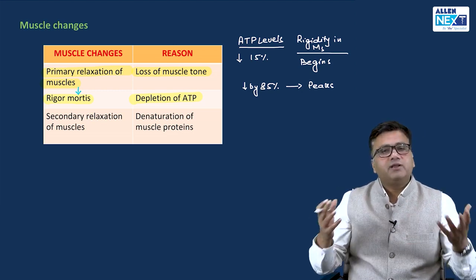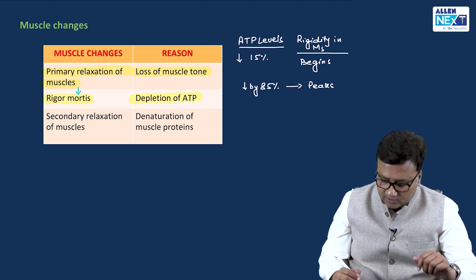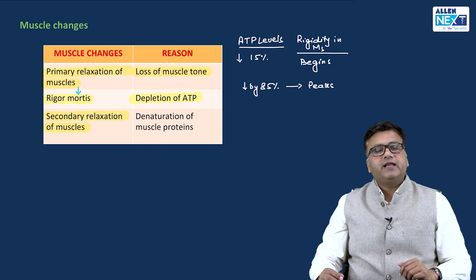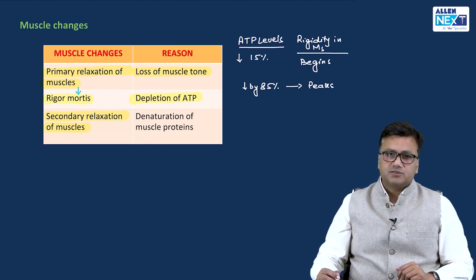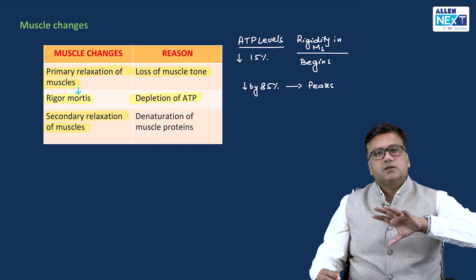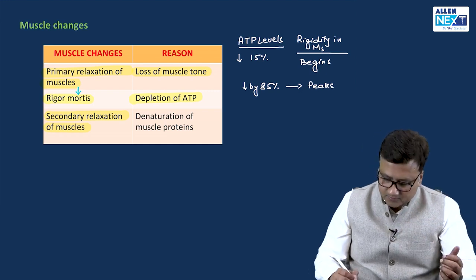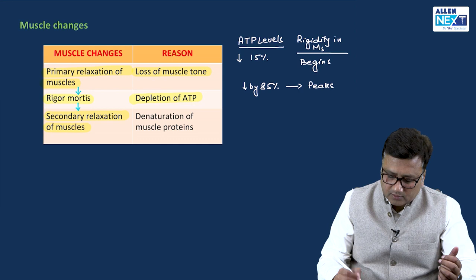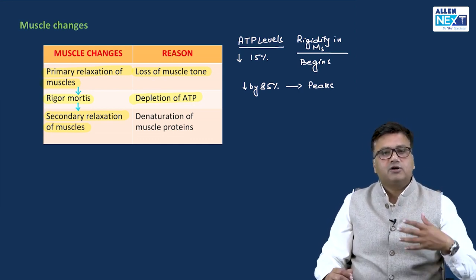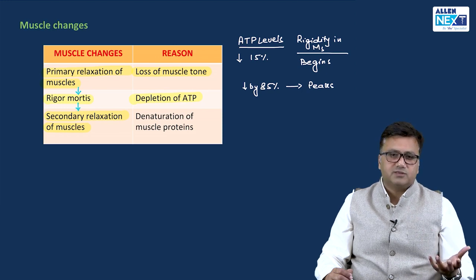The muscle will again be relaxed, and that's called secondary relaxation of the muscles. So, rigor mortis later on is followed by yet again a phase of relaxation of muscles called secondary relaxation of muscles.